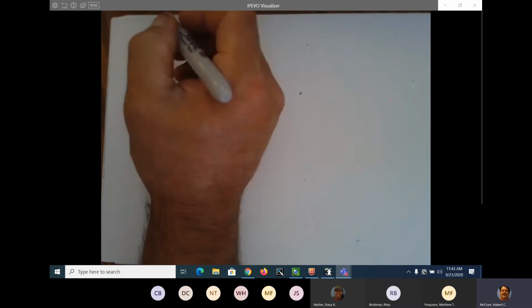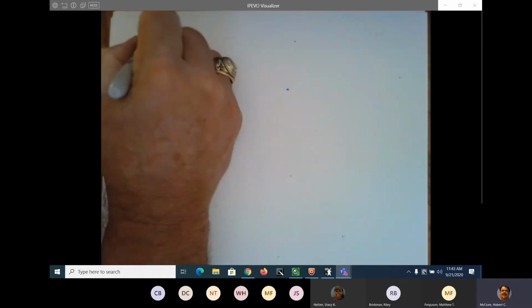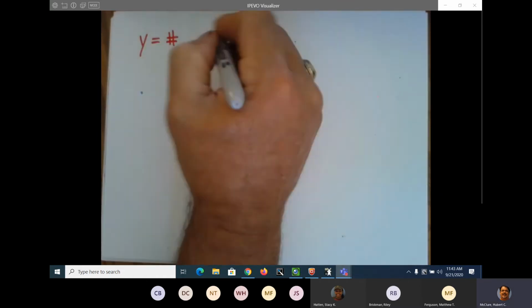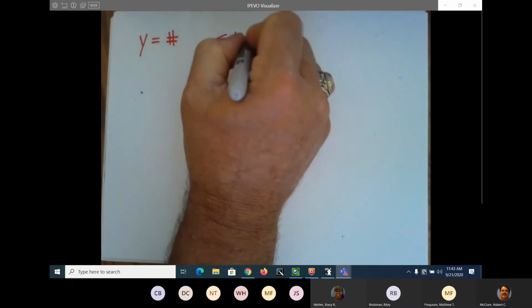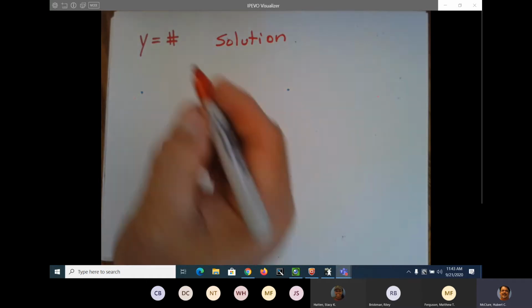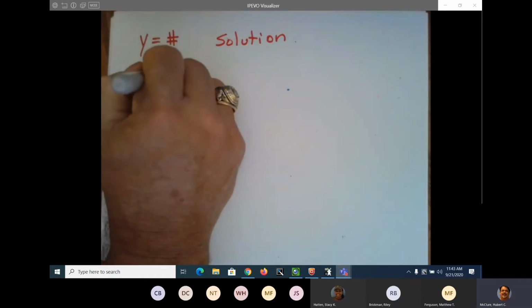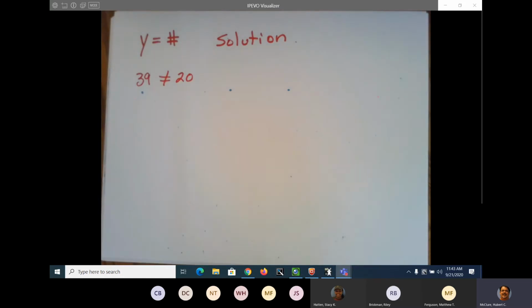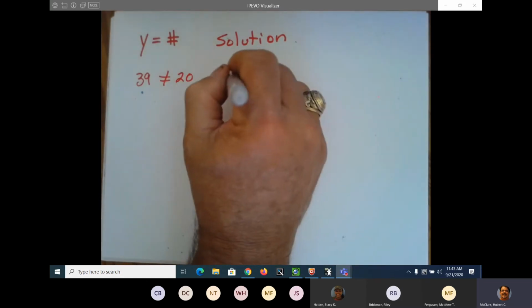There's 3 types of answers you're going to get with an algebraic equation. 1, you're going to get y is equal to a number. And that is called a solution. The second type answer is going to be one like we got. 39 is equal to 20. And of course, it's not equal to. And this is called a contradiction.